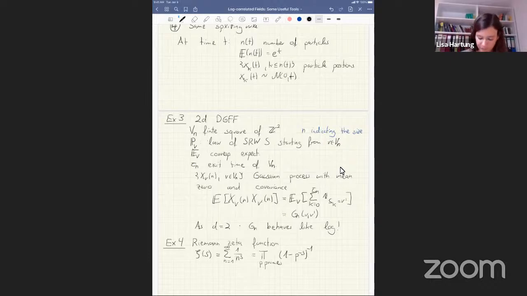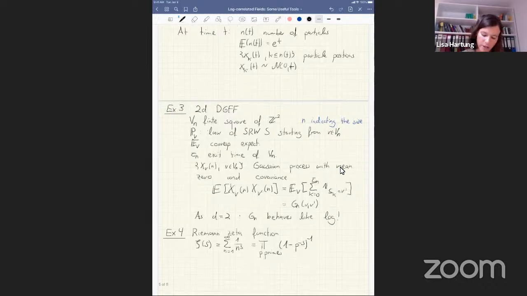And one can also make sense of this function outside of the region where the sum is well defined. What one is really interested in is understanding the Riemann zeta function on the critical axis, namely on the line 1/2 plus i times the imaginary part.